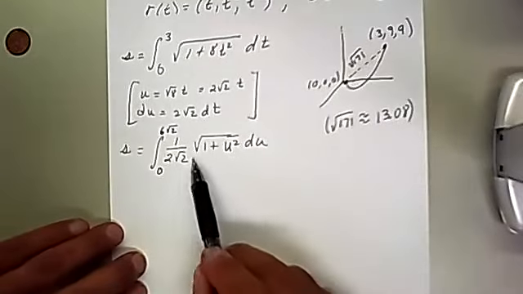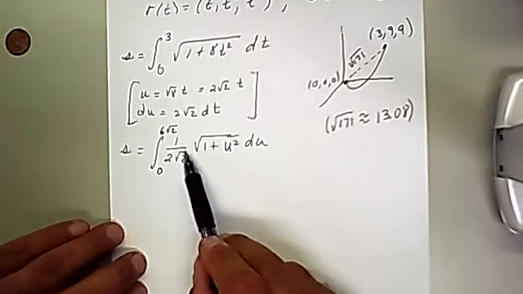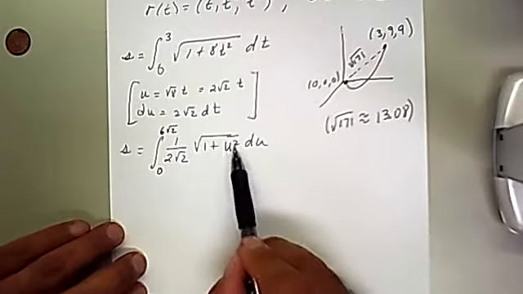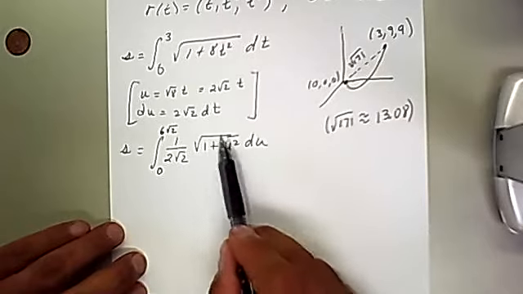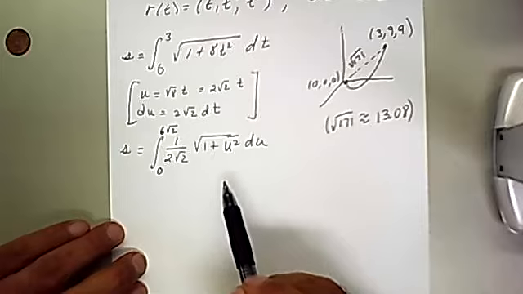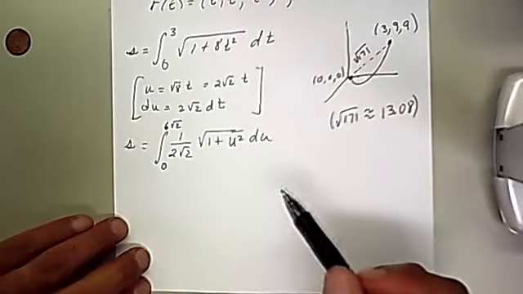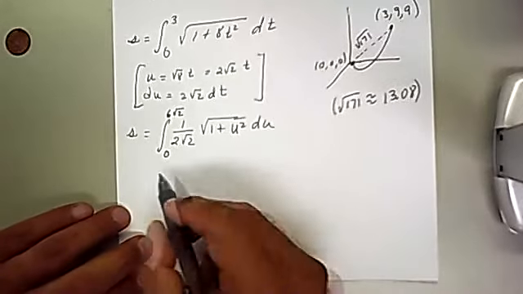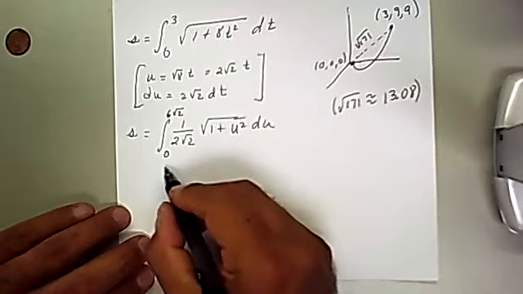Okay, so now we have a constant, which is easy to handle. And now we have this, which we have to figure out how to integrate. Well, we use trigonometric substitution now. So I'm going to put a new bracket.